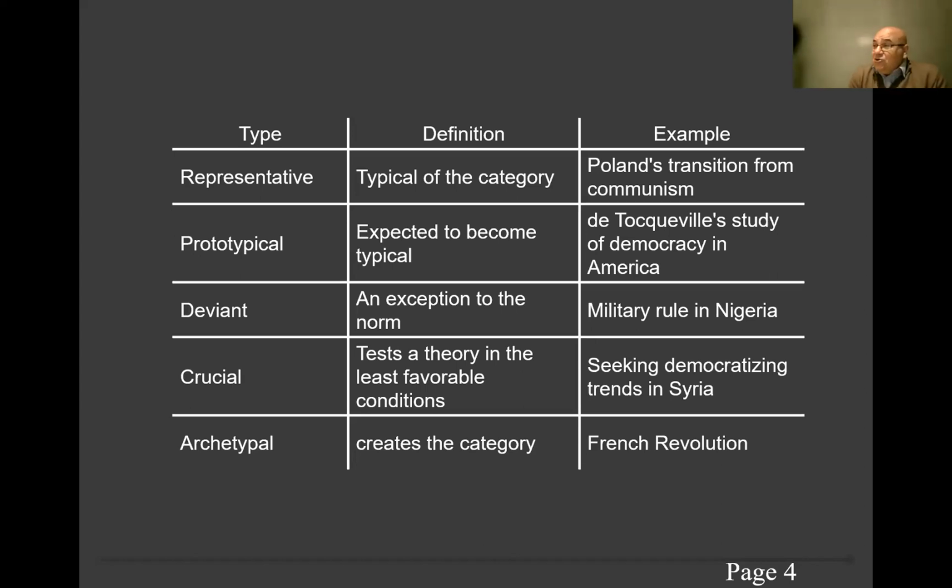It may be a crucial case, I was talking about it. It is crucial because you are testing a hypothesis in the least favorable conditions. The best example was democratization in Syria. When I prepared this class, because there were some local initiatives to stimulate democracy in Syria in 2010, something like that, before the Arab Spring.